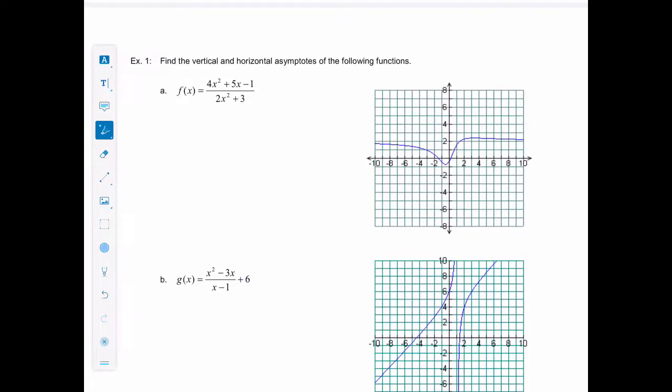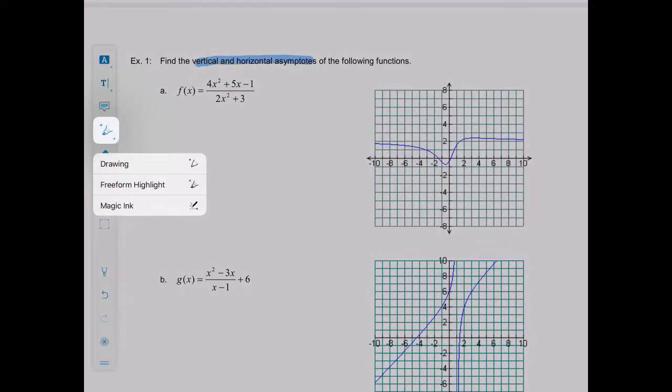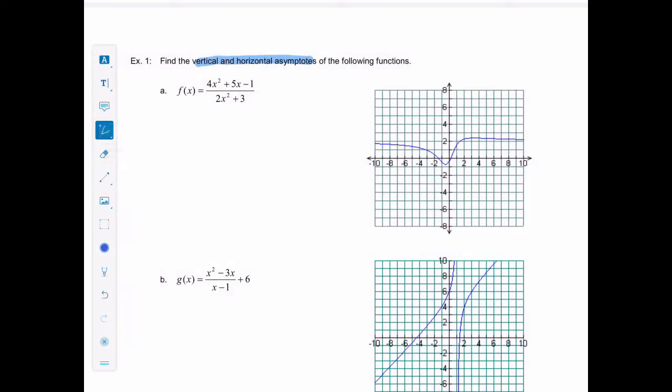So in the first example, it's asked us to find the vertical and horizontal asymptotes. We don't have to do all the fancy derivatives and everything else, right? So let's see what we should do first. For the vertical asymptote, we have to set the denominator to 0 and try and solve.